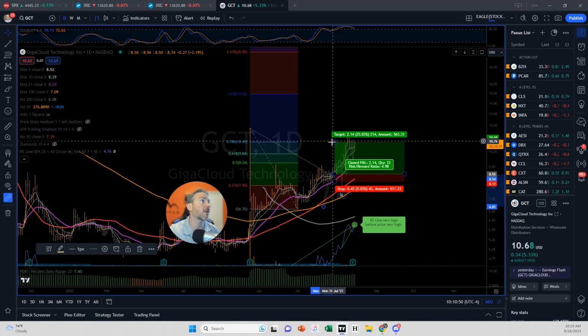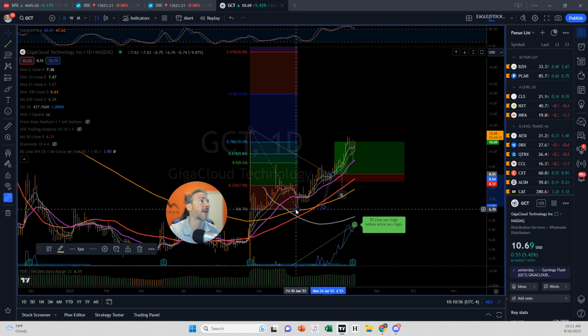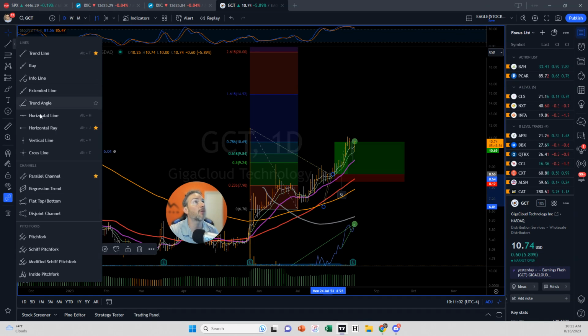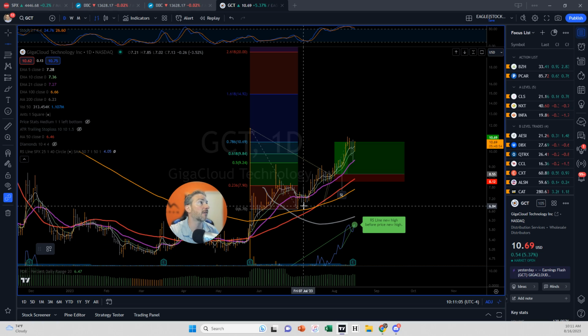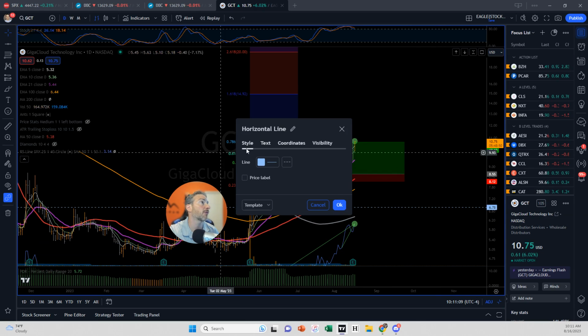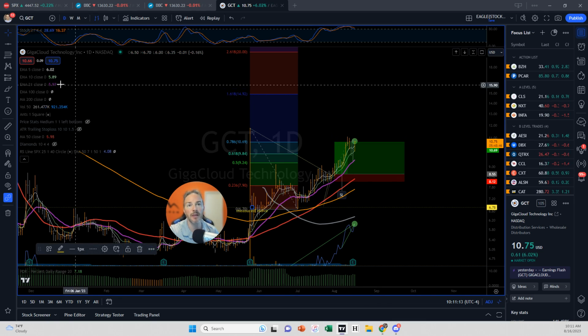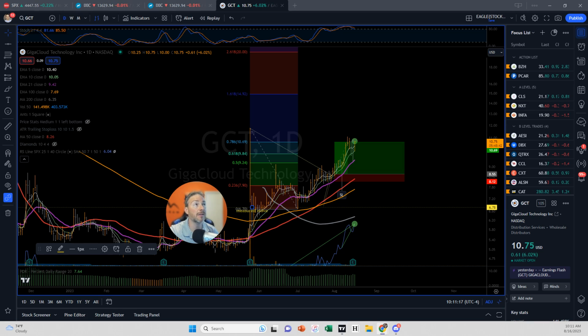So I drew from here to there, took that line down, and lo and behold, it catches pretty close to that swing low. So that is how I'll use the measured move to see where it falls. I'll just draw a measured move there. And that is basically it.